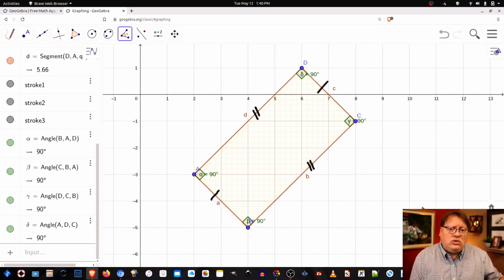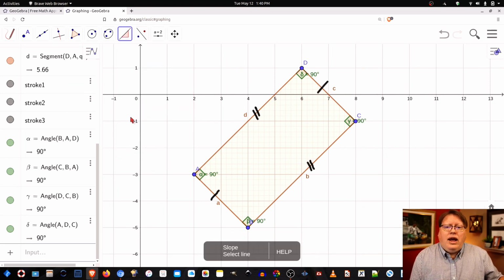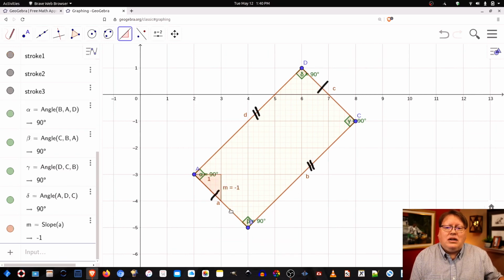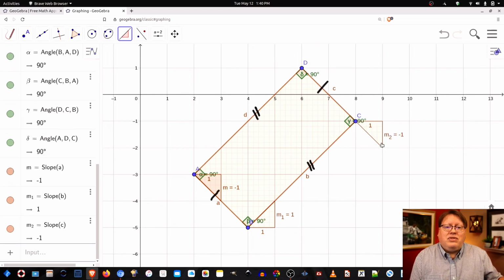And now I want to look at my slopes. I want to know, are the opposite sides parallel? To do that, we're going to click on the angle tool again, but we're going to choose slope. And then I want to click on each of the sides to find the slope of the line. So this line has a slope of -1. This has a slope of 1. This has a slope of -1. And side D has a slope of +1.